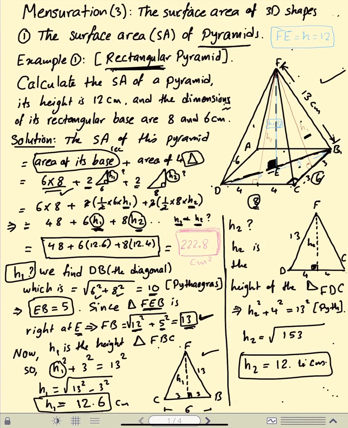Its base is 6, its height is h1. Since FBC is an isosceles triangle, its height bisects the base as well, cutting it into 2 halves. If some of you are not familiar with the word bisect, it cuts 6 into 2 threes.